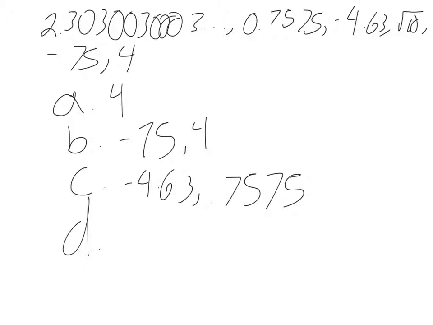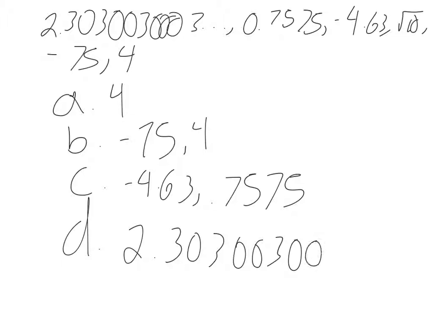And then for the final one, it would be 2.3030030003 dot dot dot, which is an ellipsis, and the root 10. Okay, just root 10 here. And that would be that.